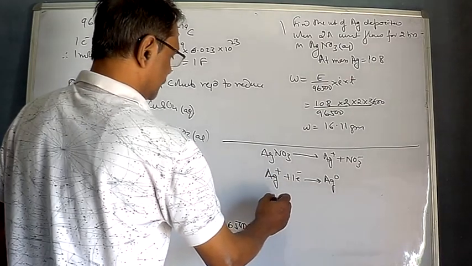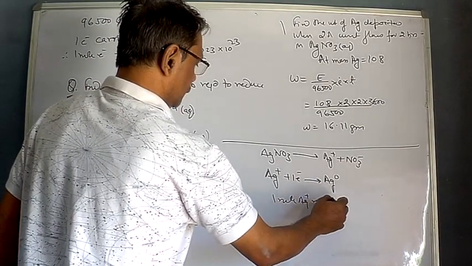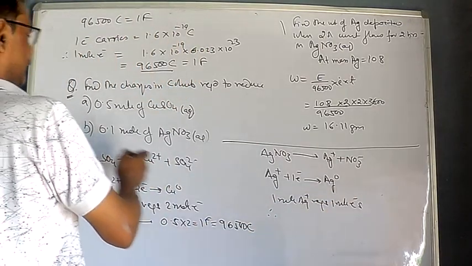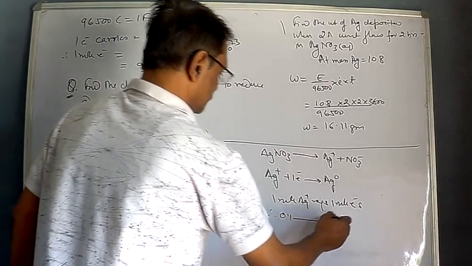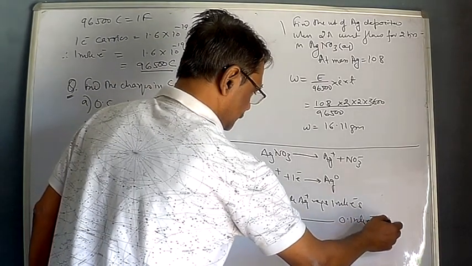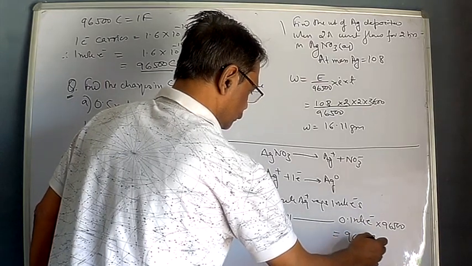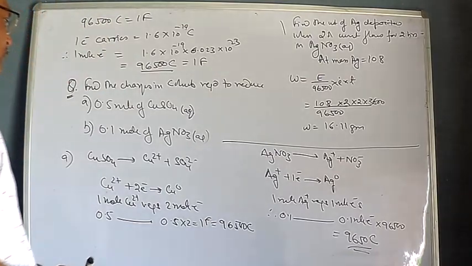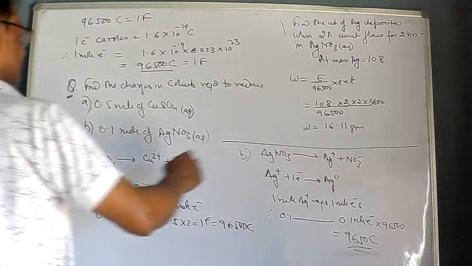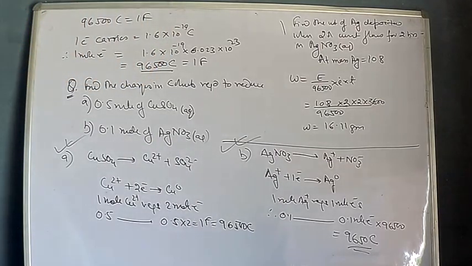So we simply write 1 mole Ag+ requires 1 mole electrons. Therefore 0.1 mole will require 0.1 mole electrons, and 0.1 mole multiplied by 96,500 will give you 9650 coulomb charge. So class, double click these questions. These questions are very important from the competition point of view.